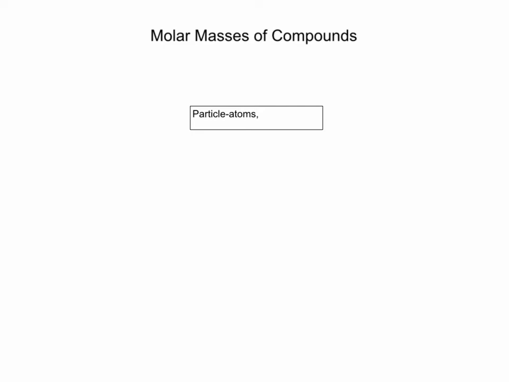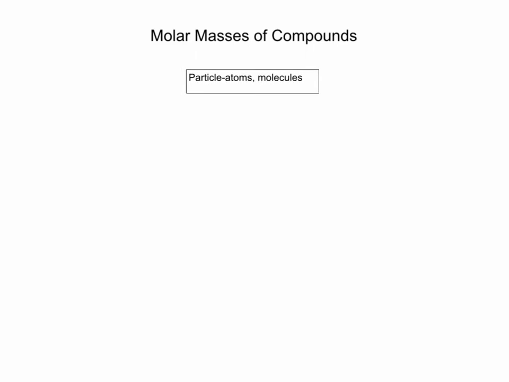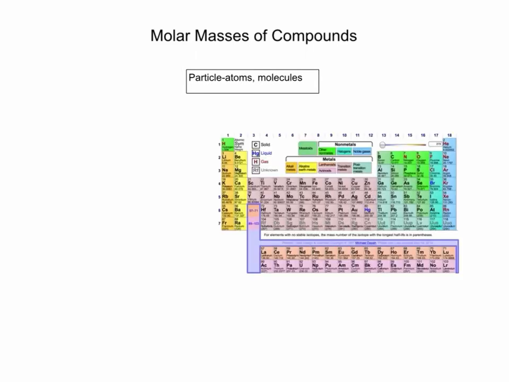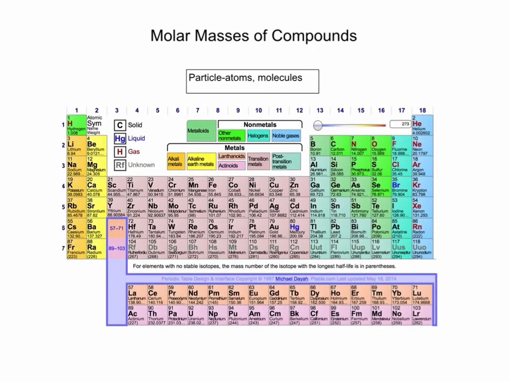So a particle could be atoms or it can be molecules, just depending on what I'm talking about. And we saw that in order to find the molar mass of an atom, we would look at the periodic table, and the molar mass, the mass of 1 mole of that compound, is equal to the average atomic mass when you change the unit to grams.